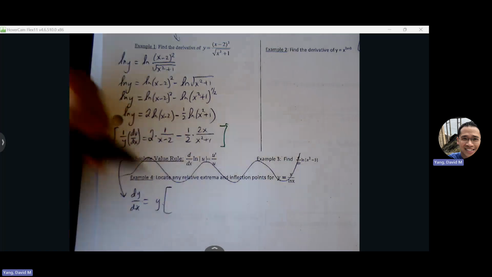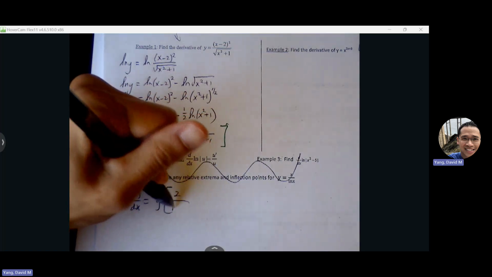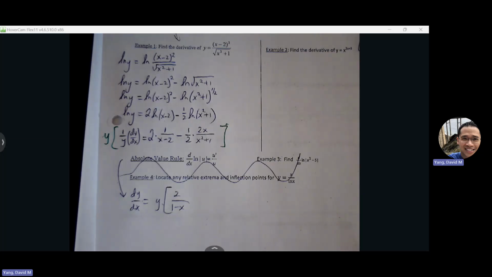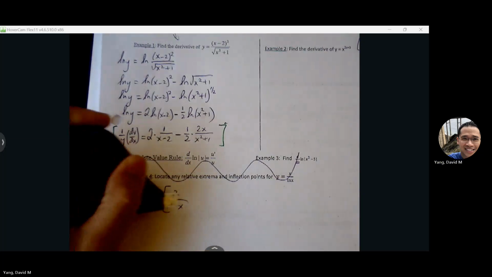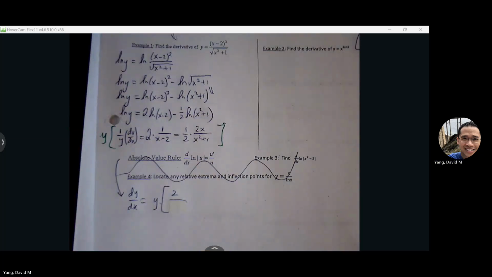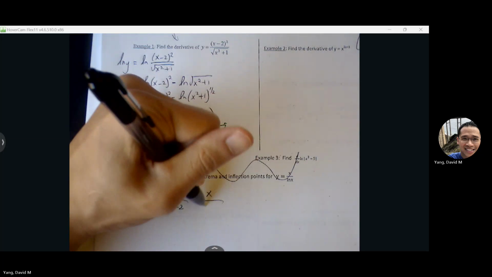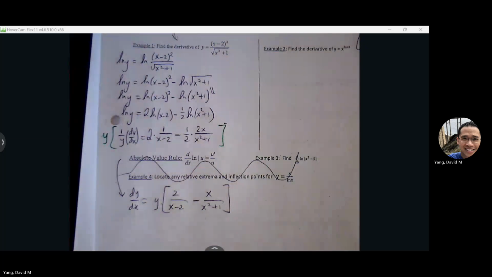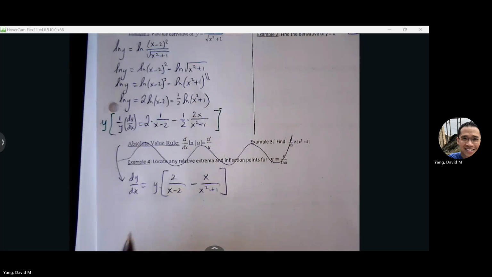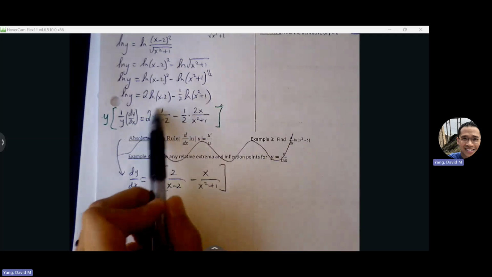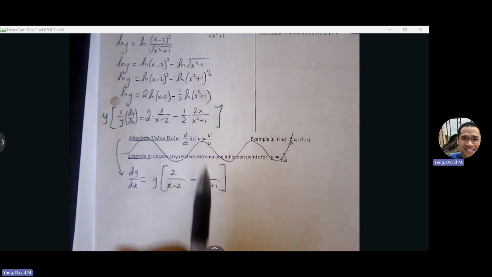I'll put the y out in front, and I'm just going to do a little bit of cleanup. I'm just doing a little bit of cleanup here. I just combined it to be a fraction. I've canceled out the 2's.